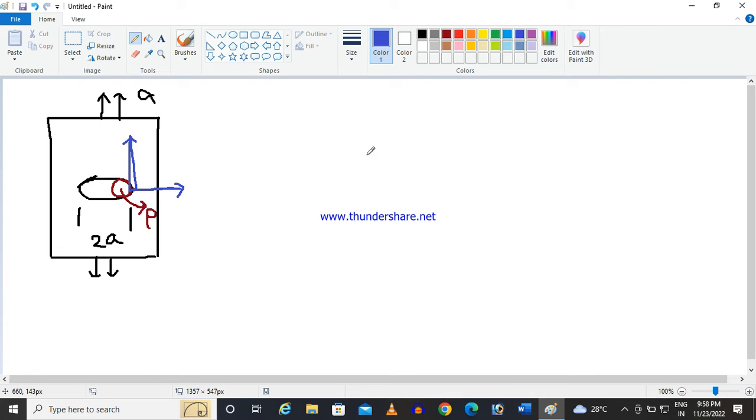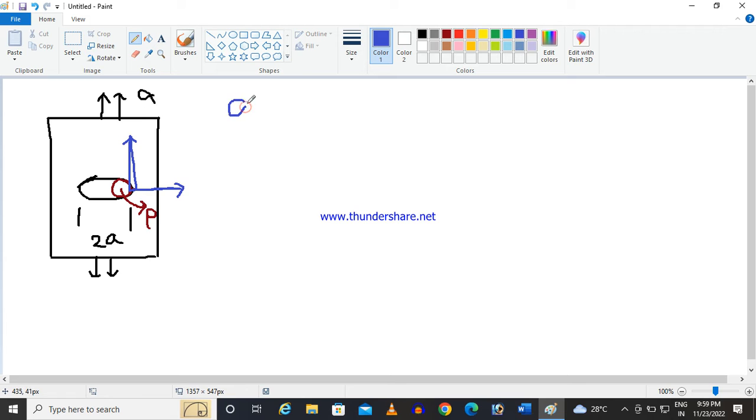So these things, the instantaneous or the maximum stress, we know the maximum stress will occur at the tip only.